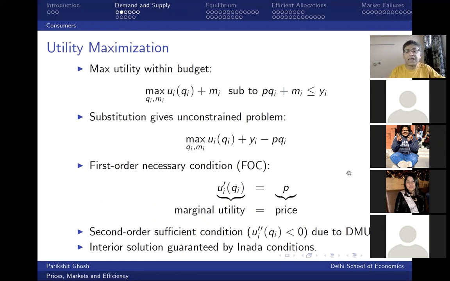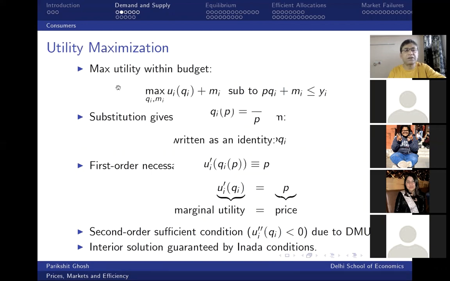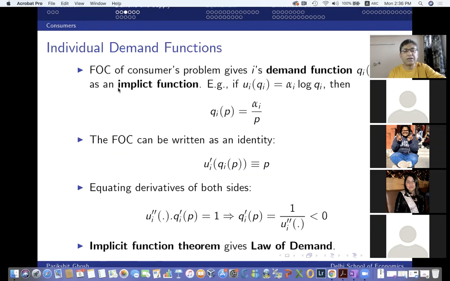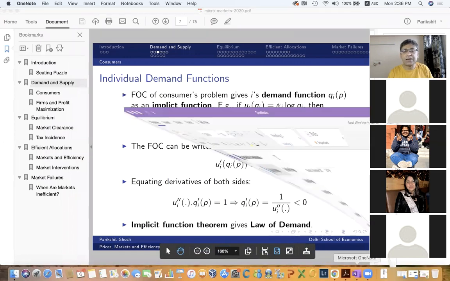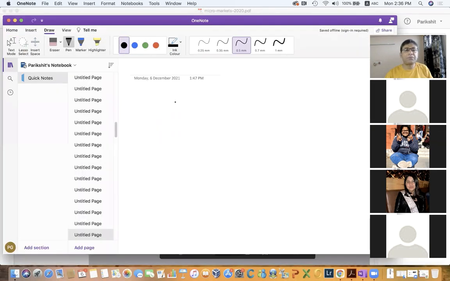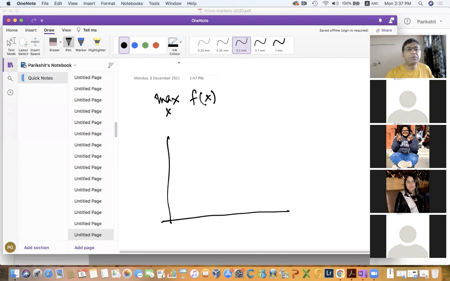This is very basic calculus, but for the sake of completeness, let me just very quickly say, if I'm solving a problem like this, maximize a function by choosing x, I'm looking for the magic value of x which will give me the highest possible value of the function.